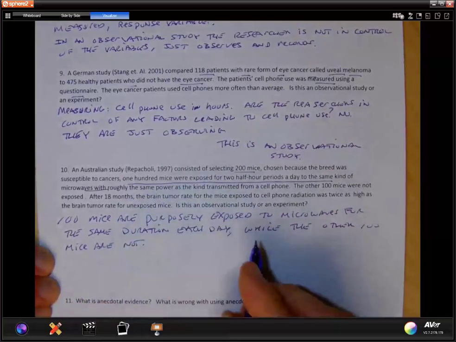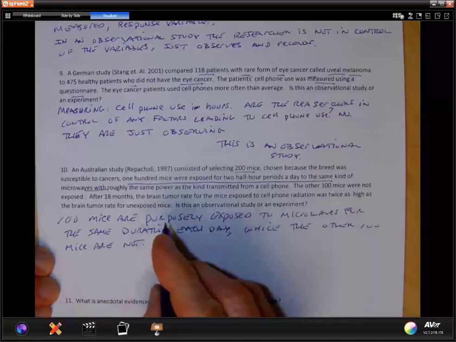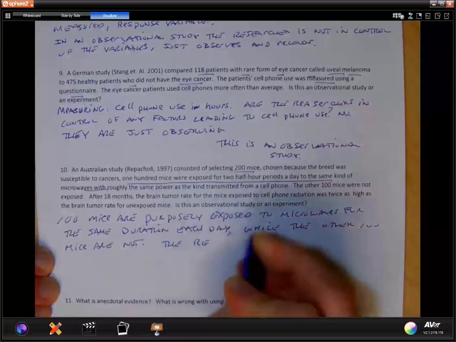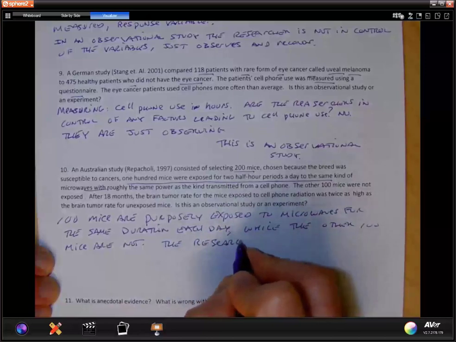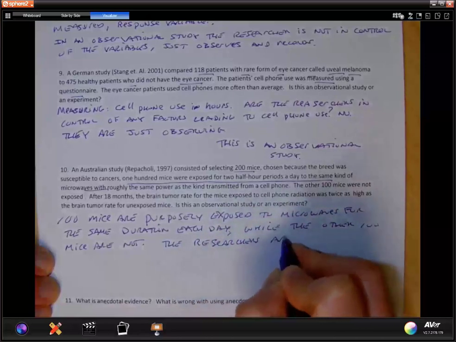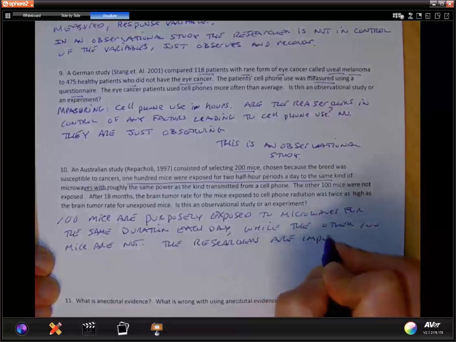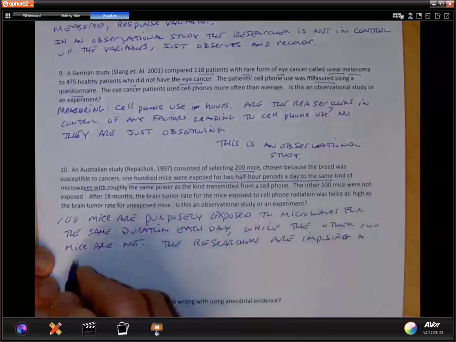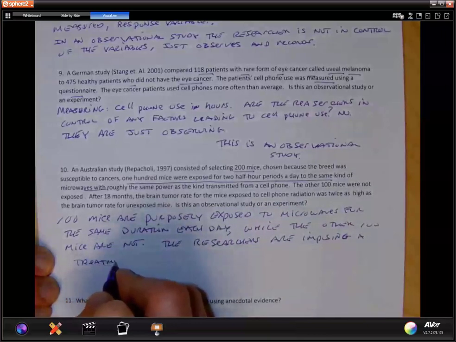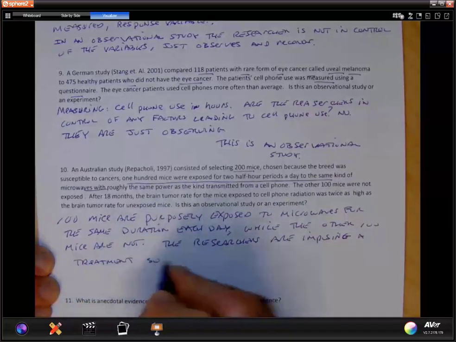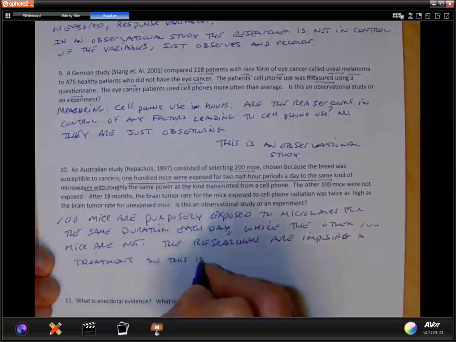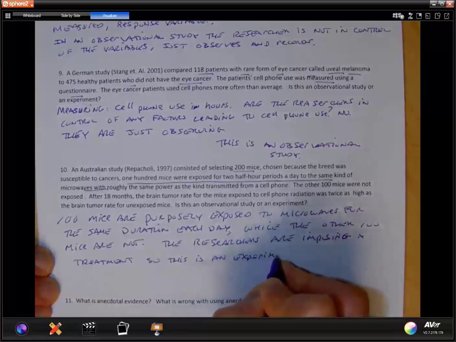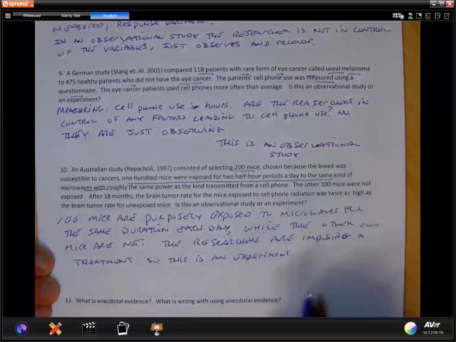So yes, we're imposing a treatment. So this is an experiment.